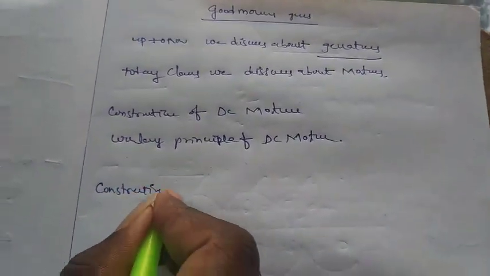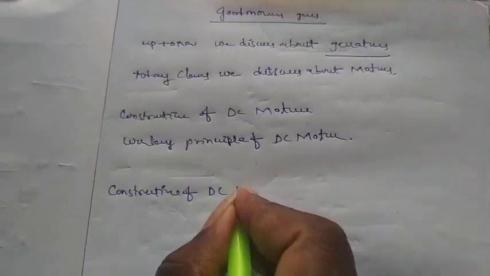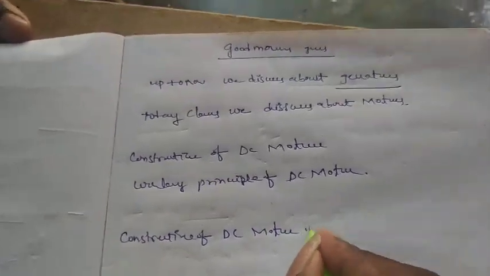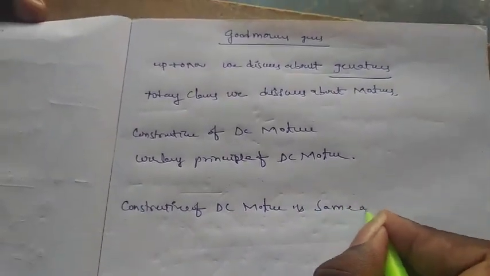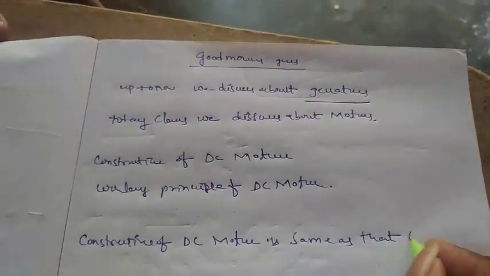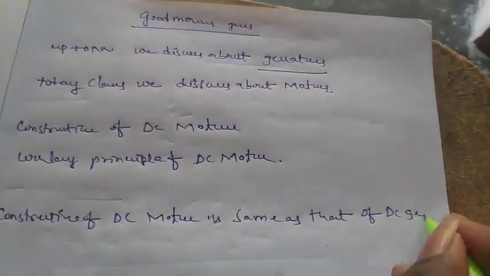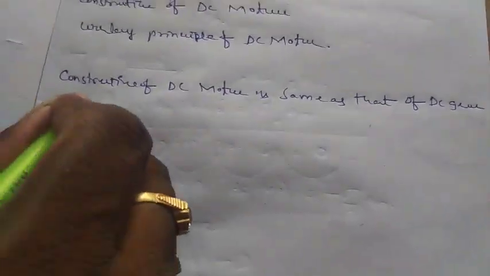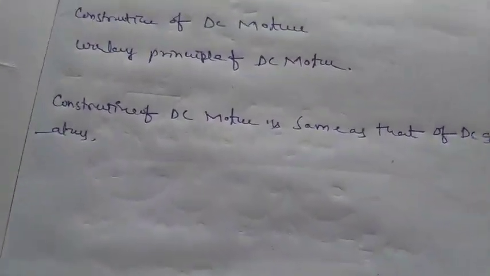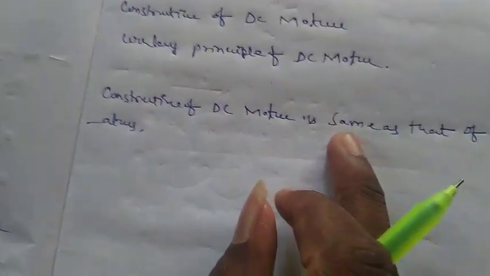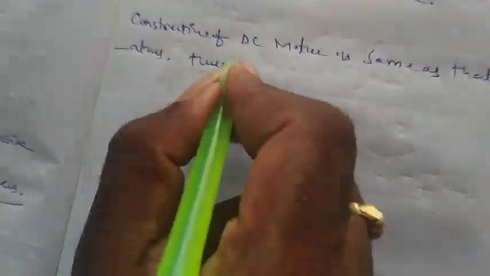Construction of DC motor is the same as that of DC generators. There is no difference.